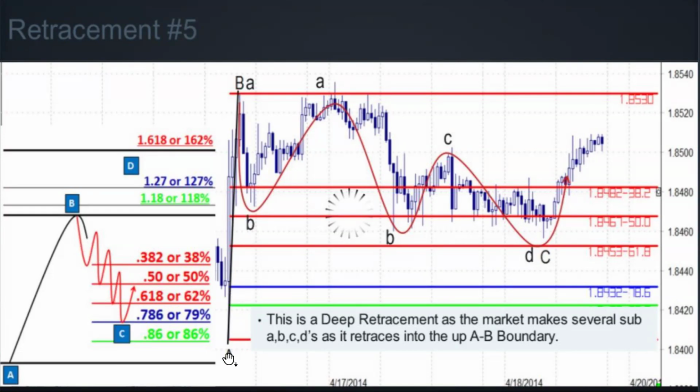This is your A, this is your B, and then the market says this is sub A, sub B, sub C, sub A, sub B, sub C, sub D, and then this is another sub A, sub B, sub C, sub D, and then this becomes your capital C or your big C, and then the market rallies from here to the end.